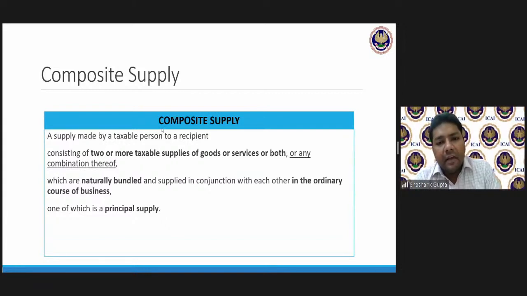Yes, Shamim ji, it covers amendments for November 21. Shivani is asking regarding transfer of credit in case of interstate transaction.